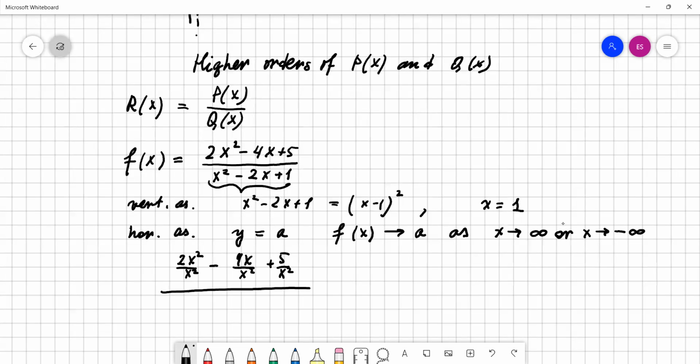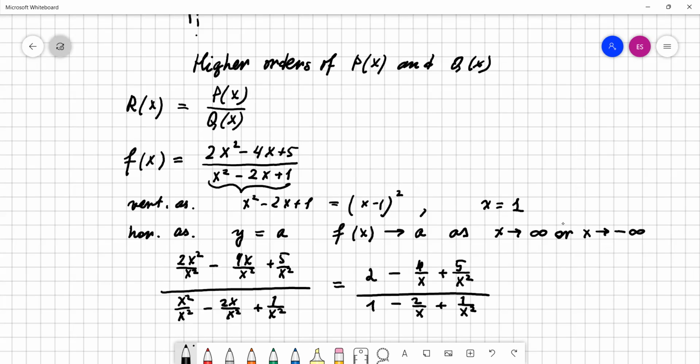And in the denominator, same, x squared over x squared minus 2x over x squared plus 1 over x squared. I'm going to simplify it a little bit. Here, x squared cancels, right? Here, I'm going to have 4 over x, one of these x's cancels. And here, 5 over x squared. Here, 1 minus 2 over x plus 1 over x squared.